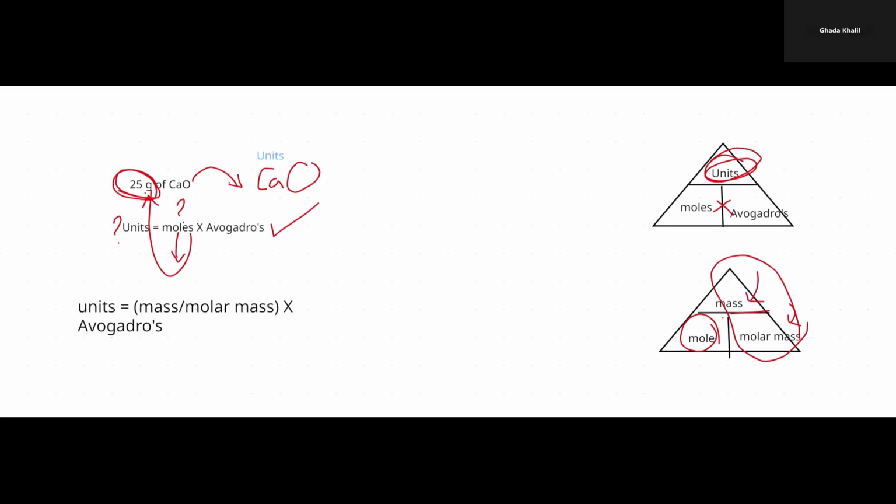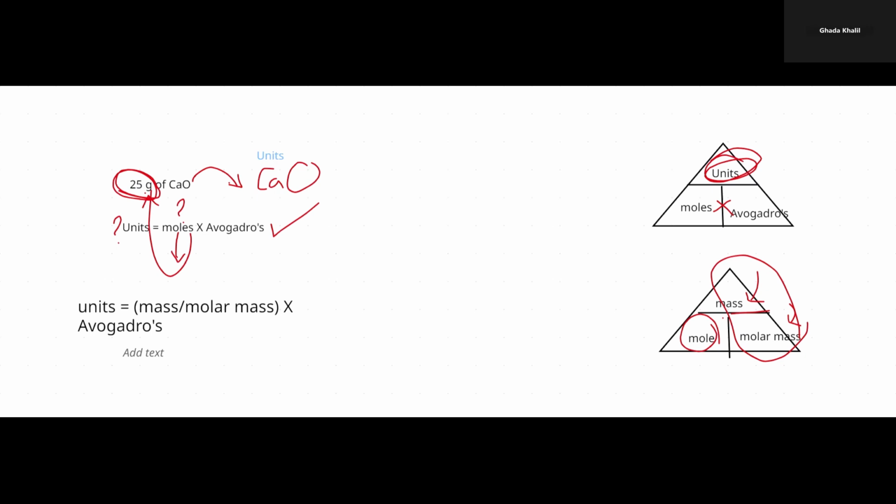So units equal the mass divided by the molar mass. The mass is 25, divided by the molar mass. The molar mass is the same number as the atomic mass of the atom. So calcium is 40. So the molar mass would be 40 grams.